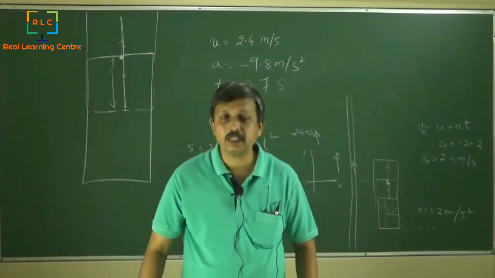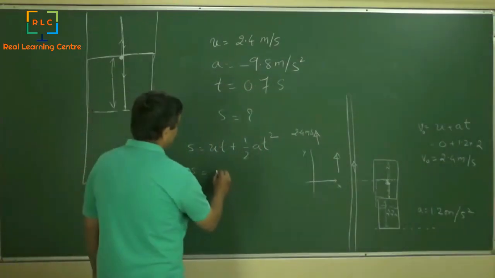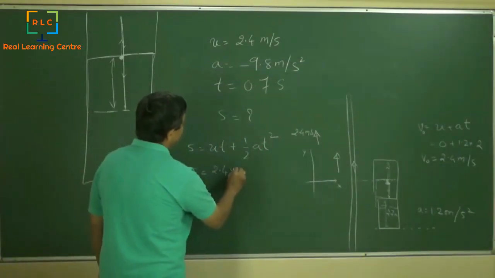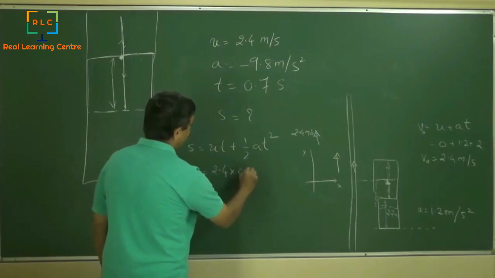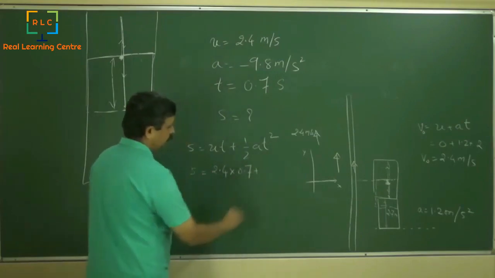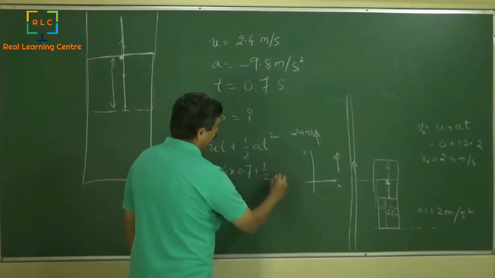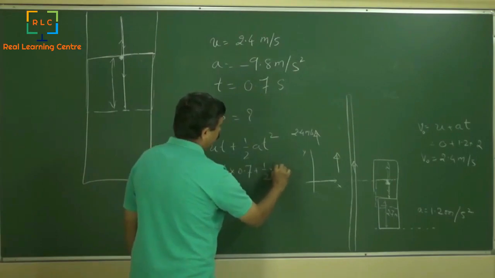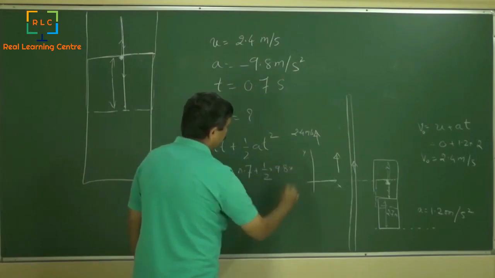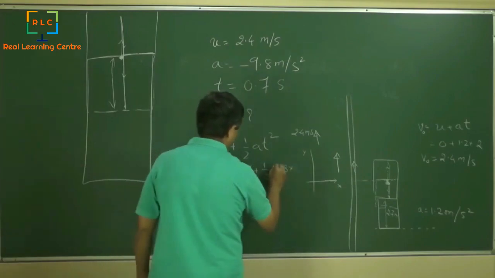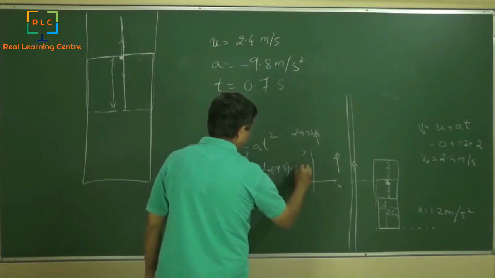No, let's do it actually. So 2.4 into 0.7 plus half into minus 9.8 into 0.7 square.